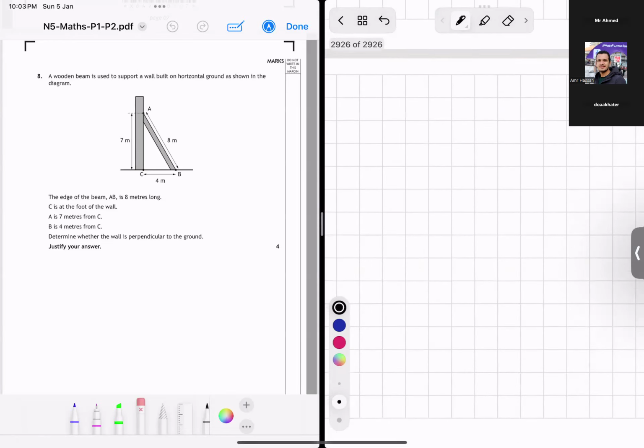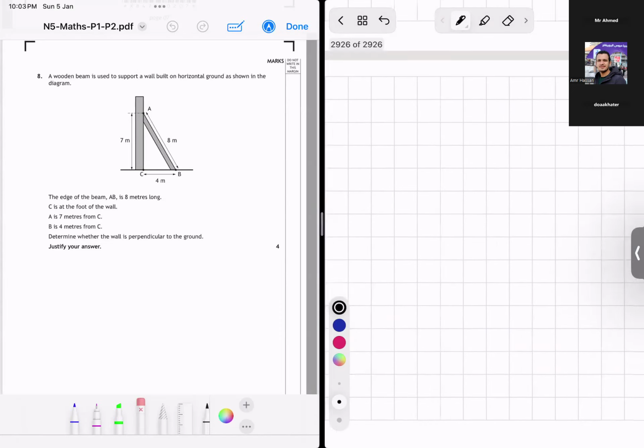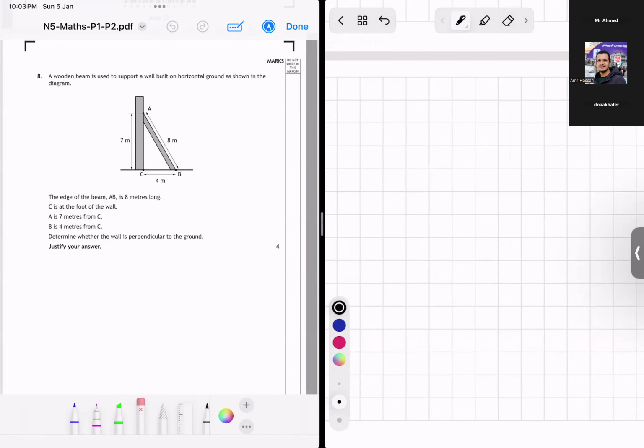The point is, he didn't ask me to figure out a missing side. He asked me to determine whether the wall is perpendicular to the ground or not. I'm gonna give you another example. No, it's the same example.